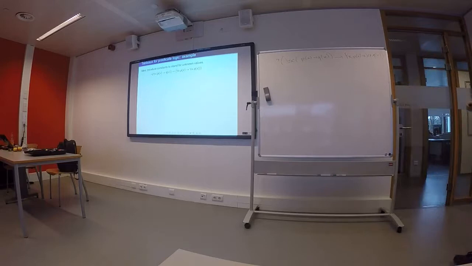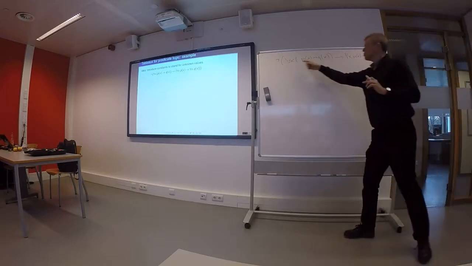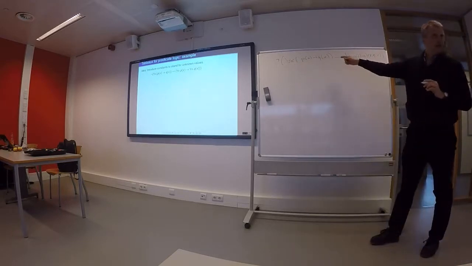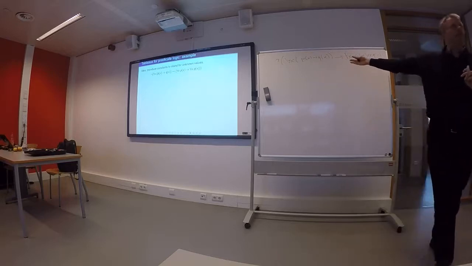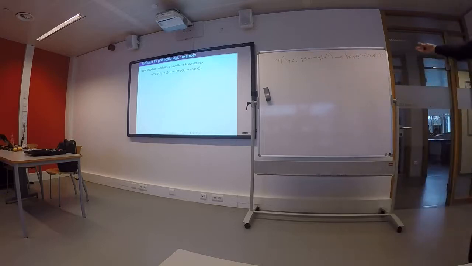So what does this say? You can read it like this: it says that universal quantification does not distribute over implication. Well, what do you expect? Is this formula itself satisfiable, unsatisfiable, valid, contradictory? What is your expectation here?